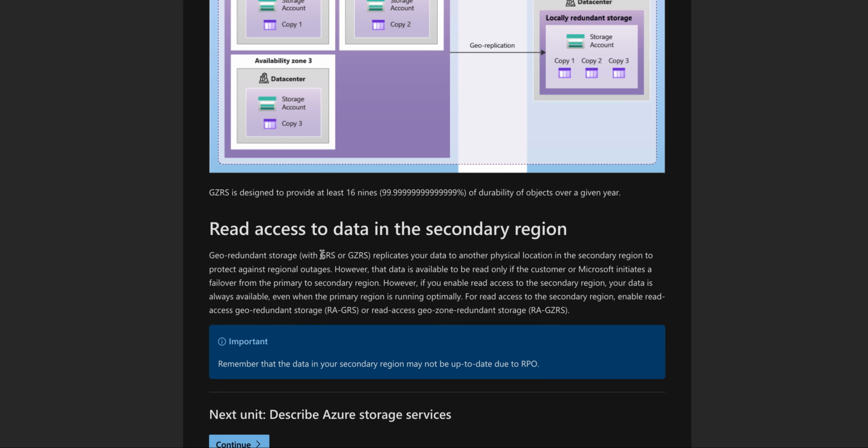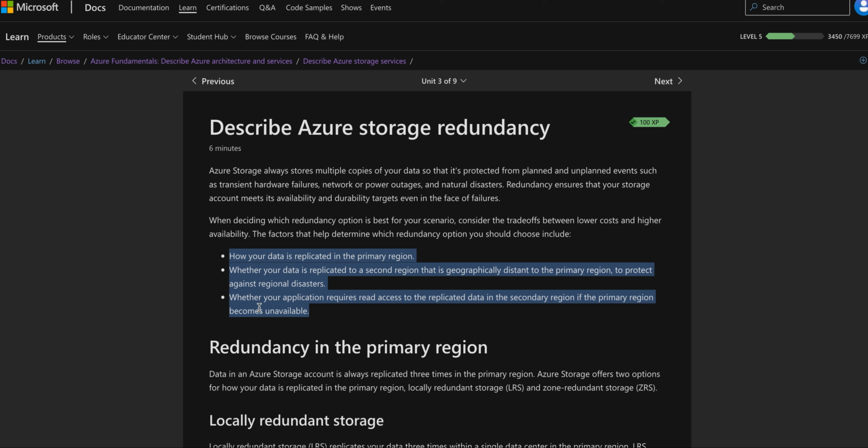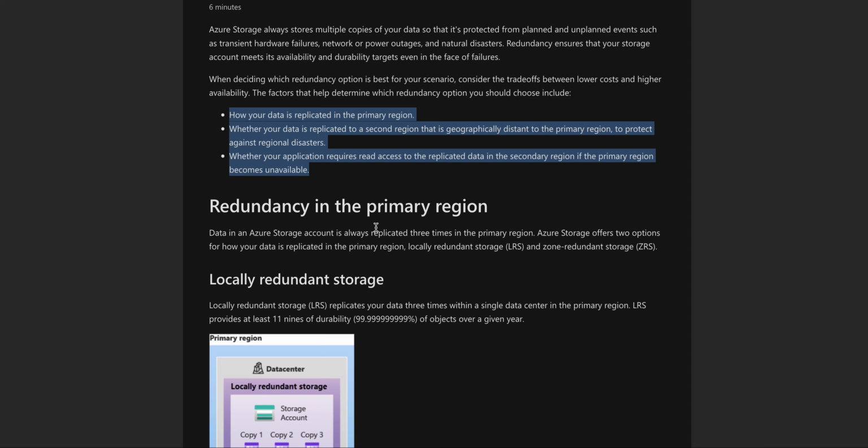And then we're talking about read access to data in the secondary region, which is the third thing to consider: if the primary region is unavailable, does your application require read access to the secondary region? So in the next video, we're going to look at redundancy in a primary region.